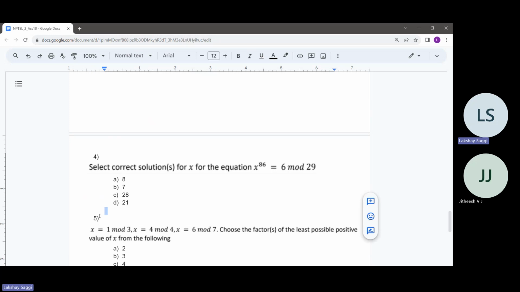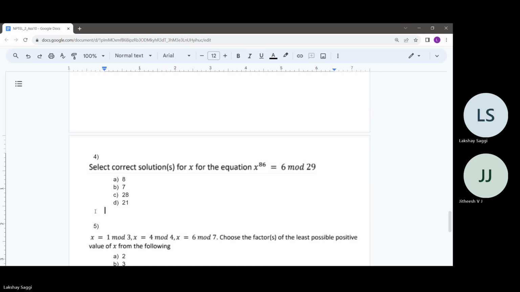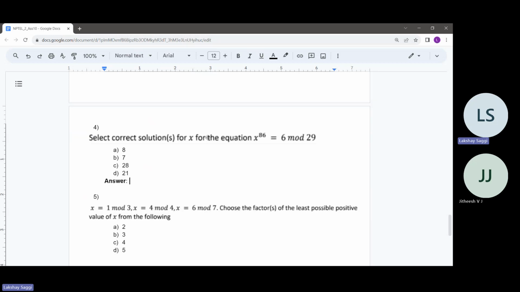So this is the fourth question, which says: select the correct solutions for x for the equation x raised to the power 86 is equal to 6 mod 29. Right.